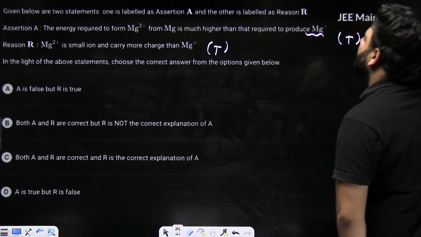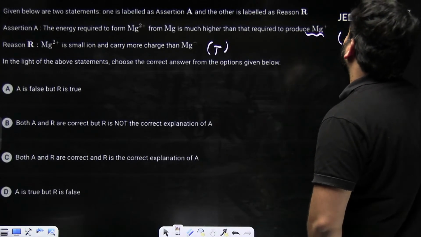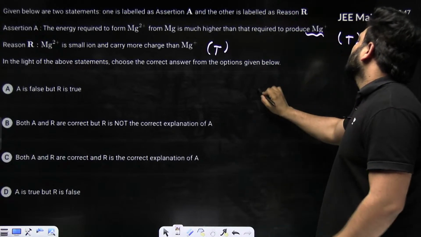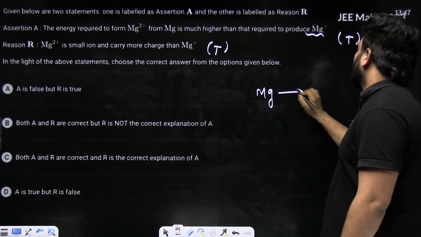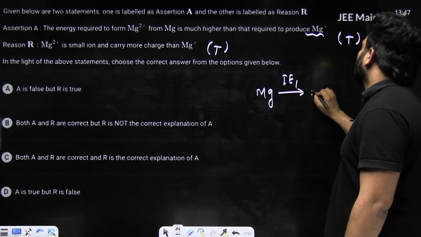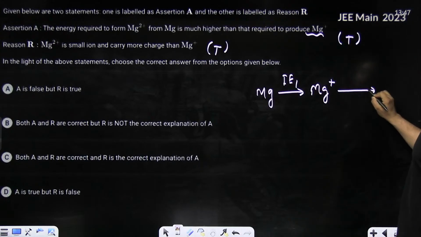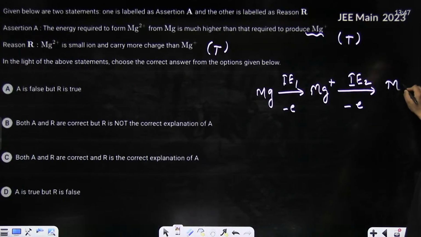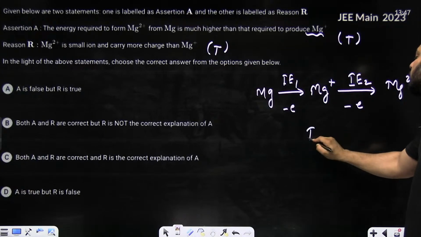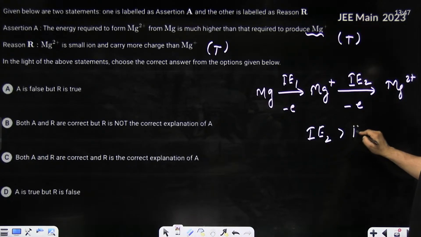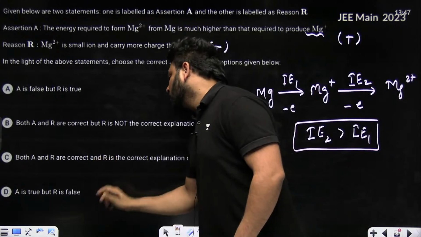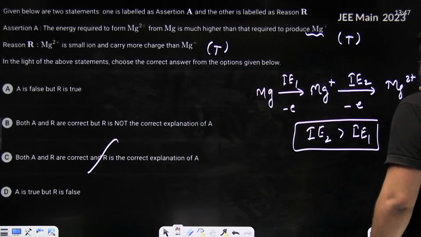When you provide IE1, it becomes Mg+, and then providing IE2 by removing another electron, it becomes Mg2+. The magnitude of IE2 is way more than the magnitude of IE1, and that is what the explanation is all about. So I think this is the correct explanation.